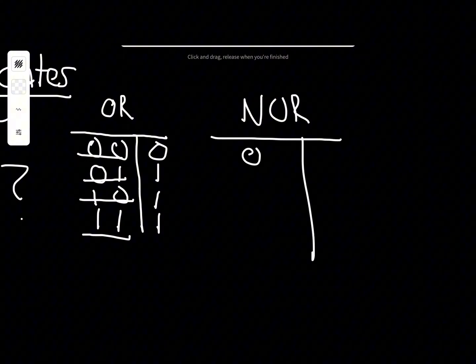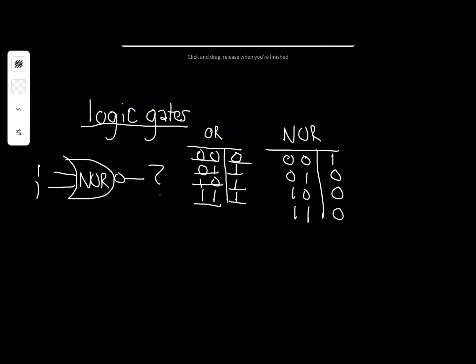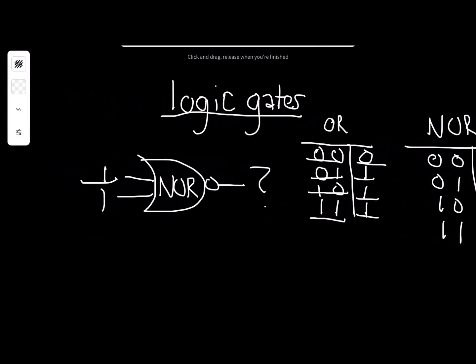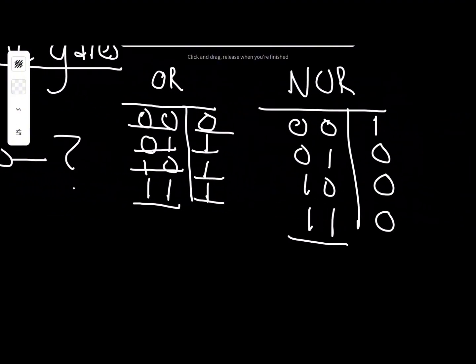So 0 becomes a 1, 1 becomes 0, 1 becomes 0, 1 becomes 0. So for the NOR gate, if you have a 1 and a 1, we can check our trusty truth table and determine that we have a 0.